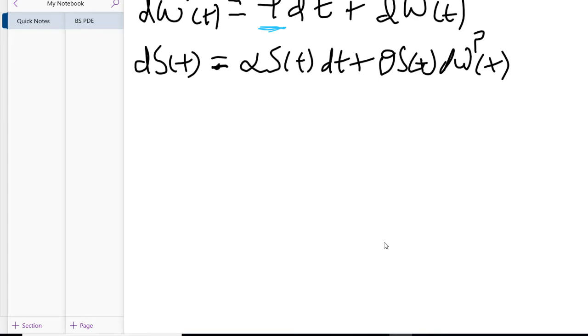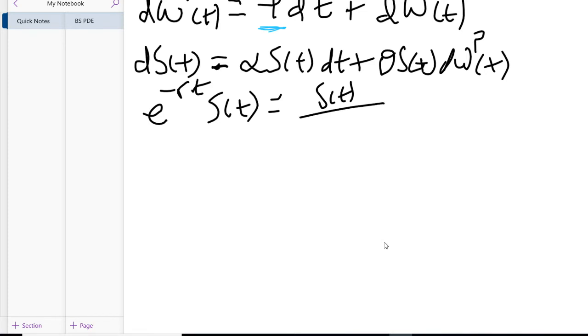So if you think of it, a normal discounted price of the asset, what's it going to be? Well, we're in continuous time here, so continuous compounding, you would normally think of the exponential of negative rate times time times the underlying. Now I guess we're going to consider it more in the form of S of t over e to the rt, so this would obviously be equivalent.